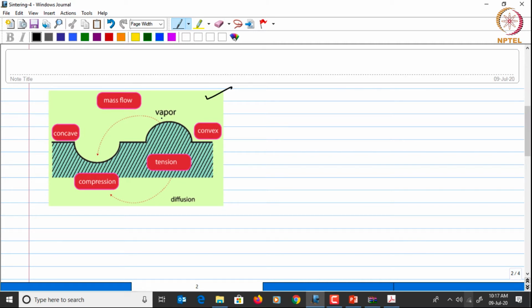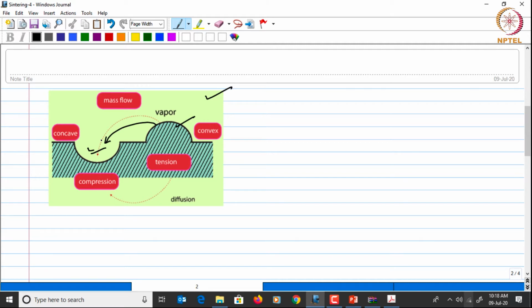You can expect the mass flow to occur from the convex region to the concave region, so that the convex portion will become flat and the concave portion will be filled with more mass, and that will also tend to become flat.